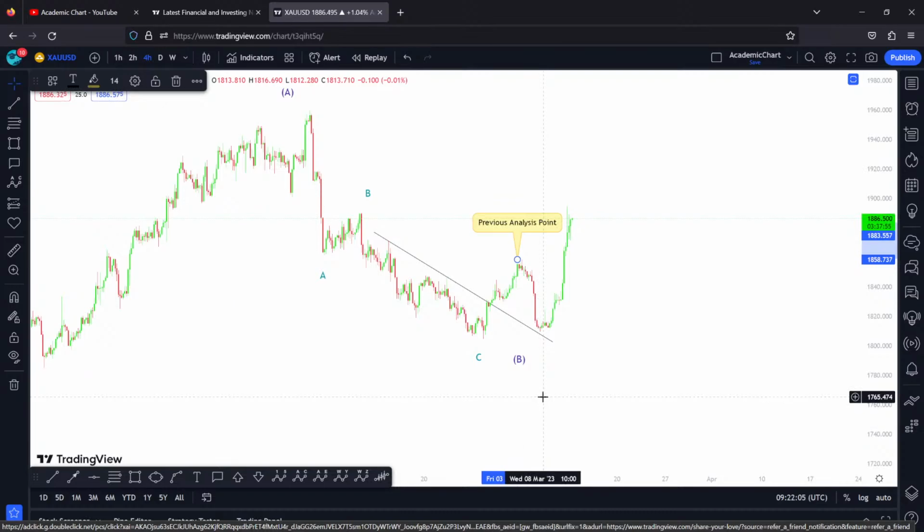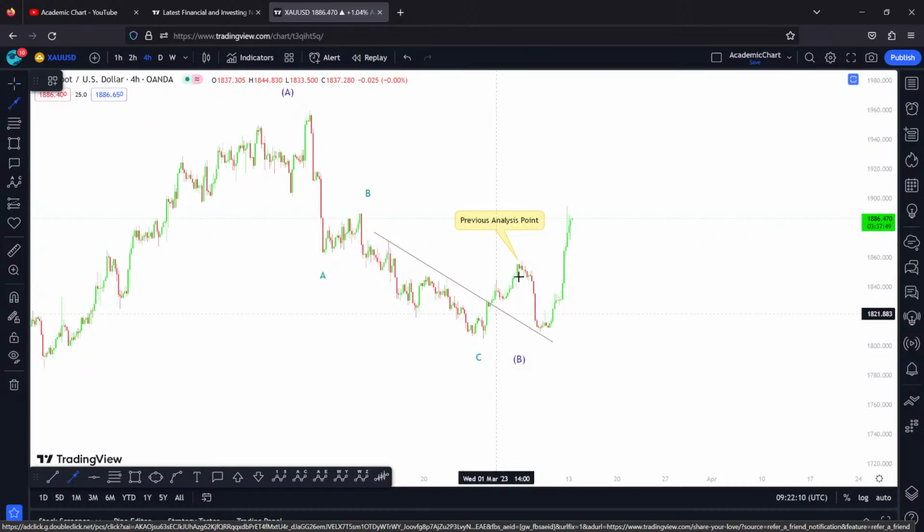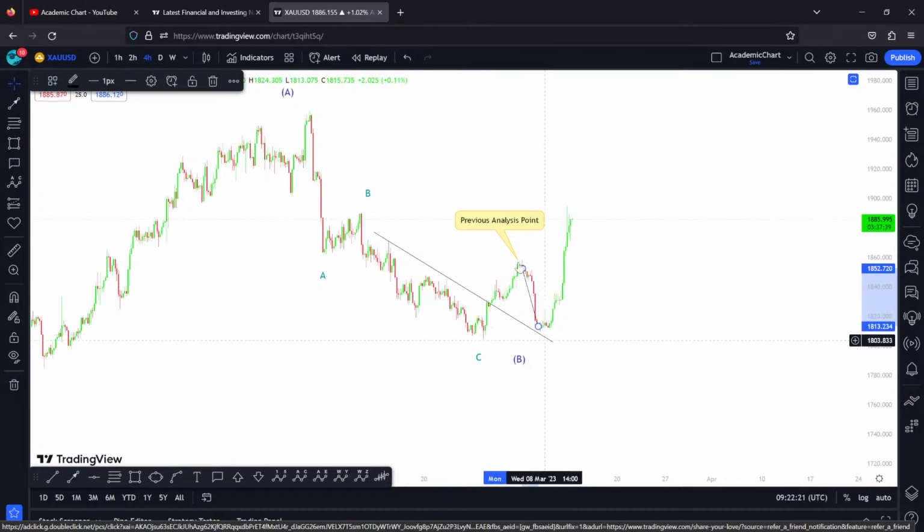We talked about the long term, we talked about the midterm, but in the previous analysis, which I will share on my YouTube channel as well in the description, we talked about some sort of fallback to testing this structure, because this corrective structure just got broken.